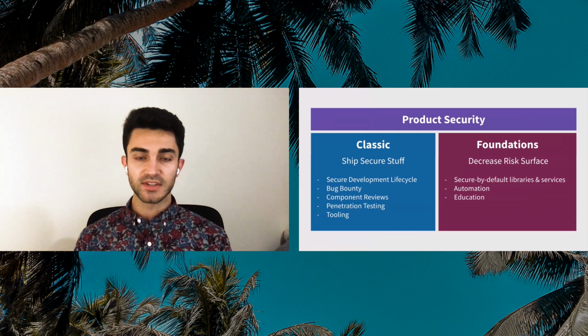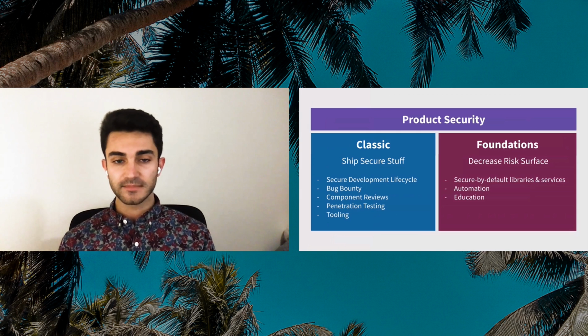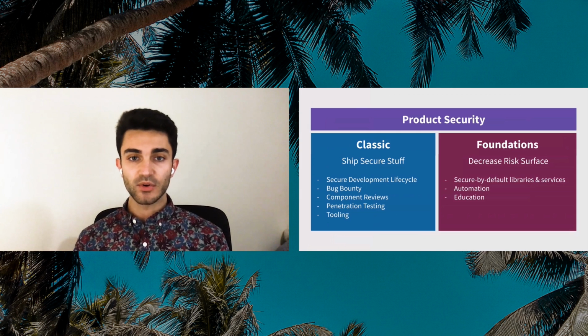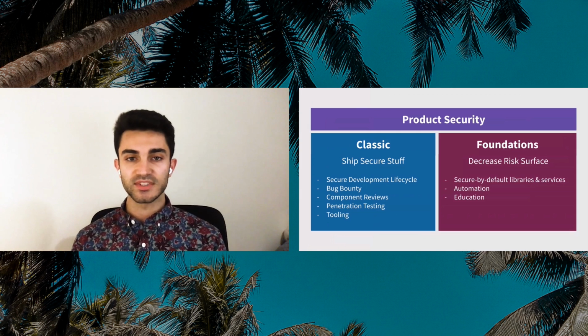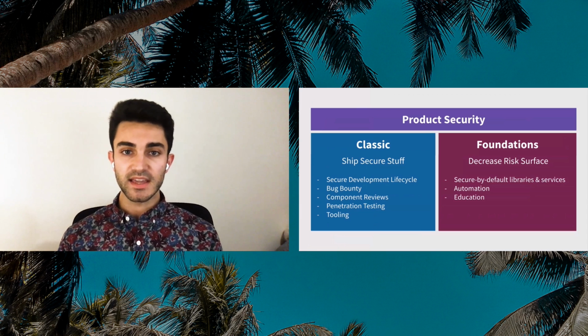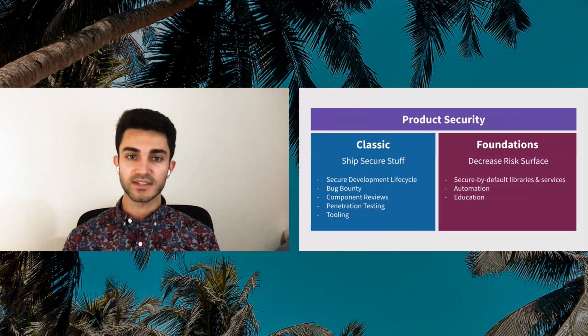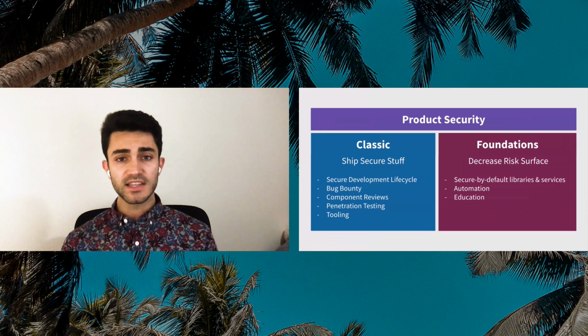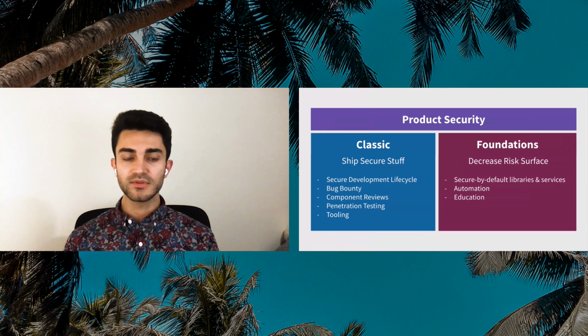So I promised to talk about product security at Slack, and we've had a bit of an interesting journey. About 2 years ago, we decided to split our product security operations into two teams. The existing team, now known as Product Security Classics, handles most of the traditional responsibilities of a product security team. This means they handle feature reviews, they manage our bug bounty program, and do penetration testing.